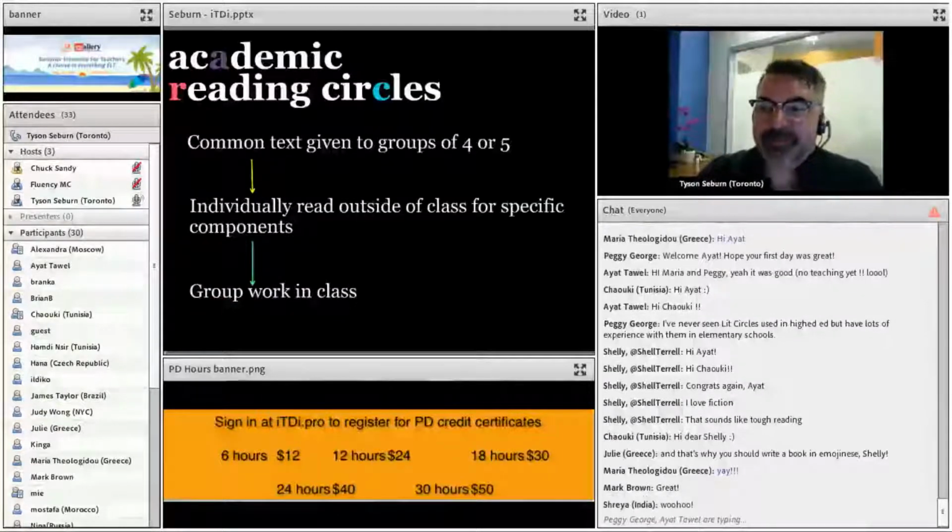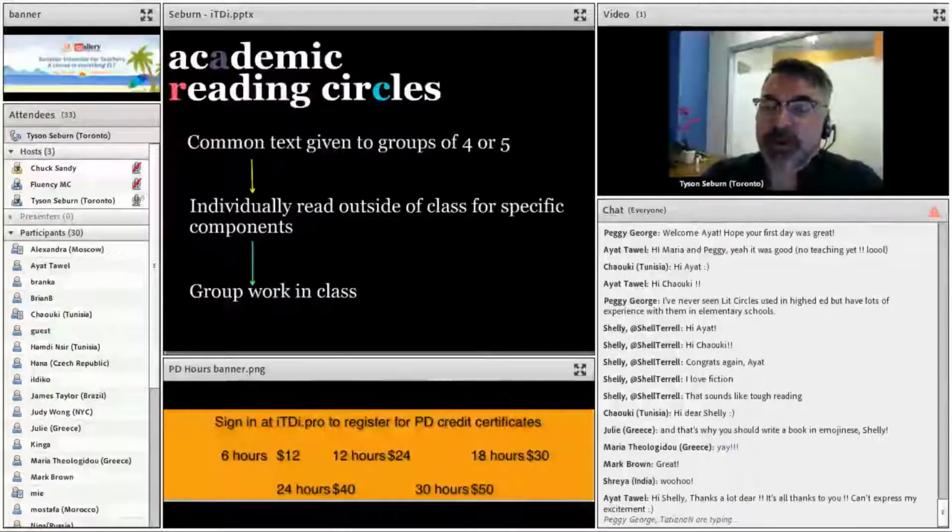So the basics of an academic reading circle, or ARC, as we may see around the internet, is there is a common text. There's one text that you give to all of the students, and this may differ from what literature circles are like a little bit. So usually I pick a text that is either a required reading or something that's going to help them in an assignment, and I give that text to all of the students.